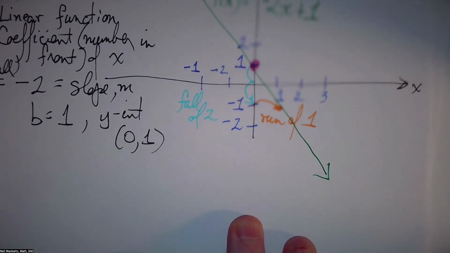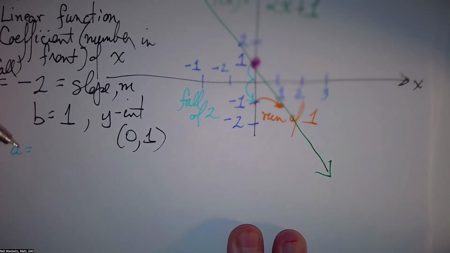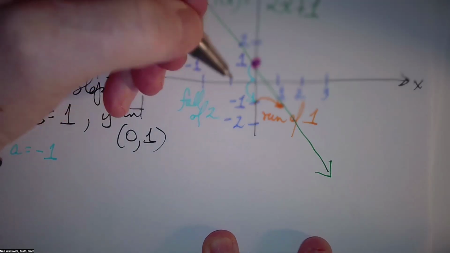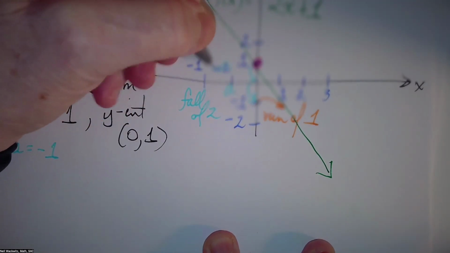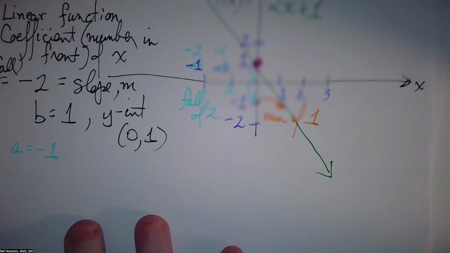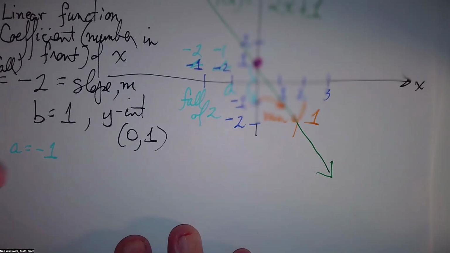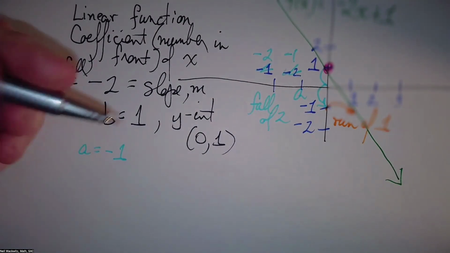Okay, so we want little a to be -1, and we want b to be 3.